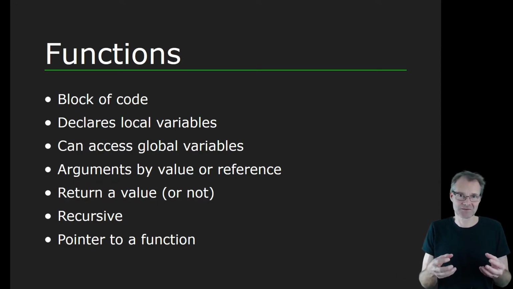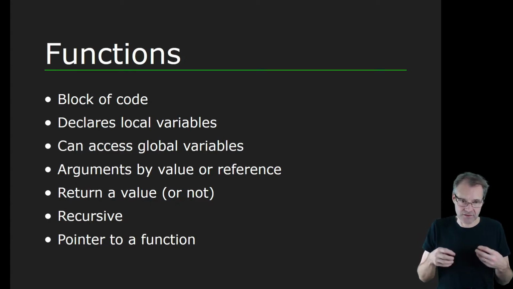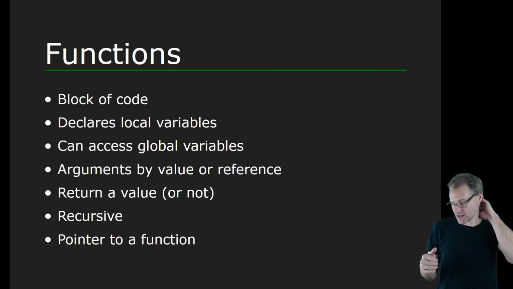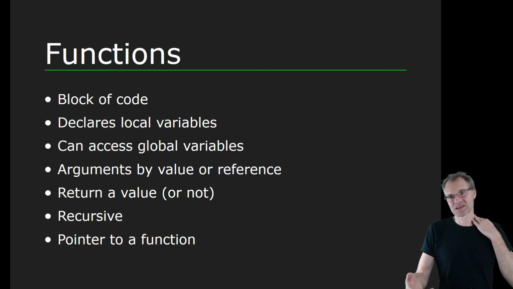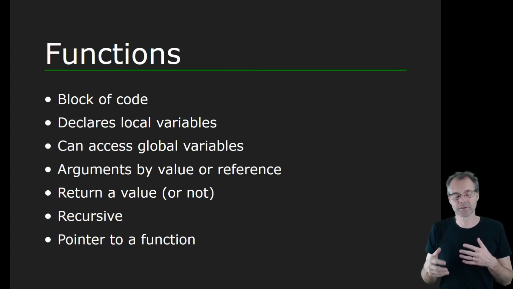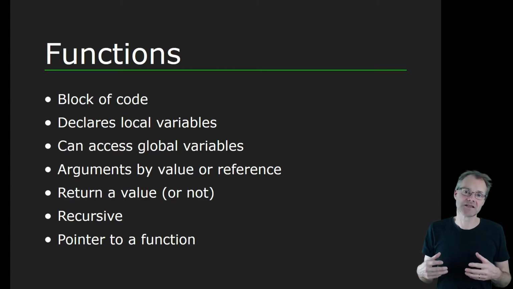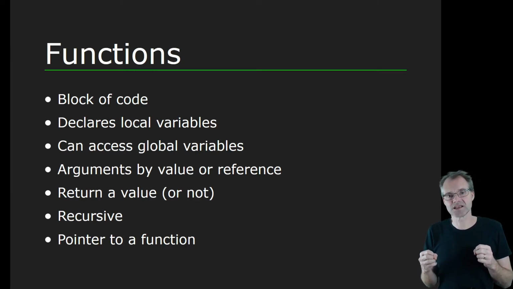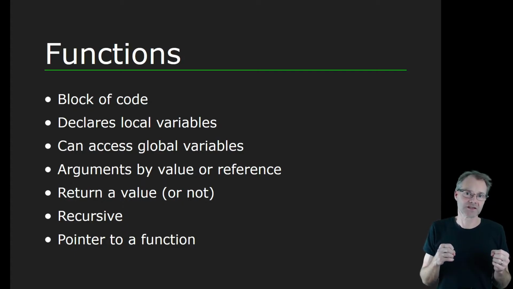By value copies the value into the function, and that argument can then be used within the function, and even if we change the value, that will only be visible within the function. But when we work with reference, the intention is to send an argument into the function and maybe change its value, so it persists its changed value after the function has returned.